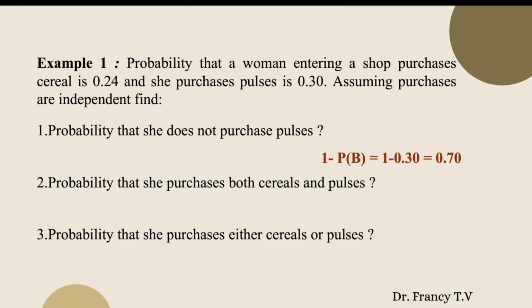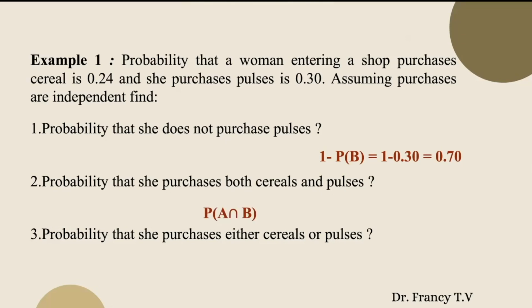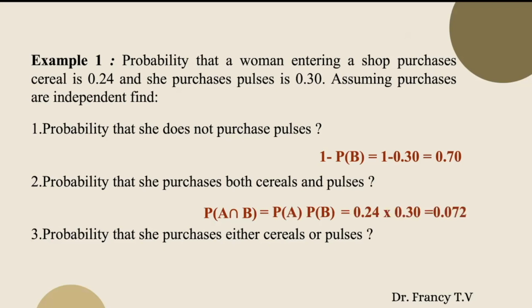Next is the probability that she purchases both cereals and pulses. Both cereals and pulses means A intersection B. You are given A and B are independent. Hence, by the concept of independence, probability of A intersection B will be equal to probability of A into probability of B. You can simply multiply the probabilities and get the answer.